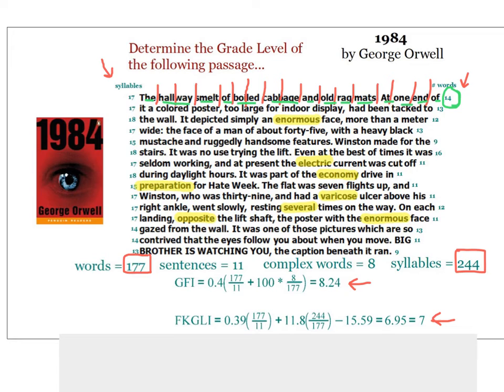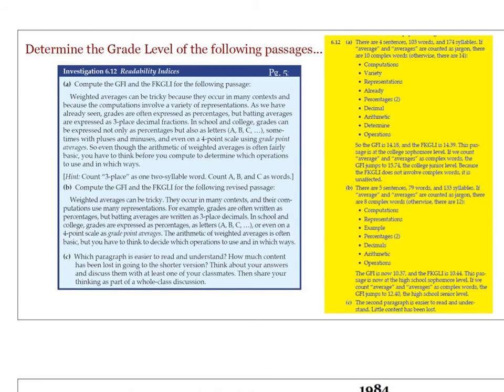Again, you need to be able to use both of these formulas and be able to analyze a passage. So we're going to do a practice one. If you look at this passage here in part A, I want you to start with the word weighted. And I want you to go ahead and read through that and try and write down how many sentences there are, how many words there are, and how many syllables.